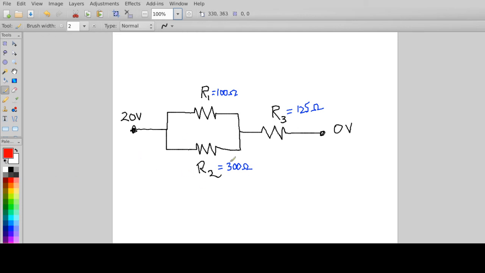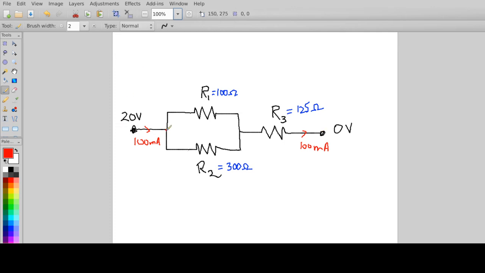As a result, the current, I'll do the current in red here, was 100 milliamps. The current here is also 100 milliamps. The way you should read these diagrams is this: 20 volts and 0 volts there. There's a battery in there that I didn't draw, but I explained that during the lecture. So that's 100 milliamps and 100 milliamps.